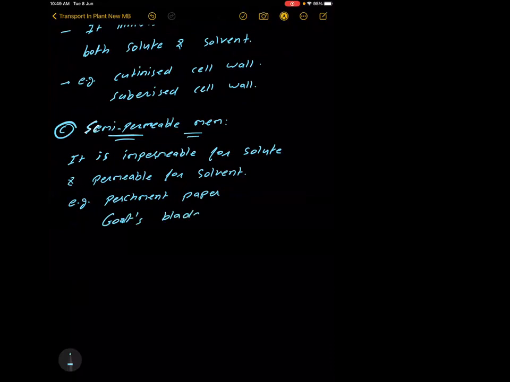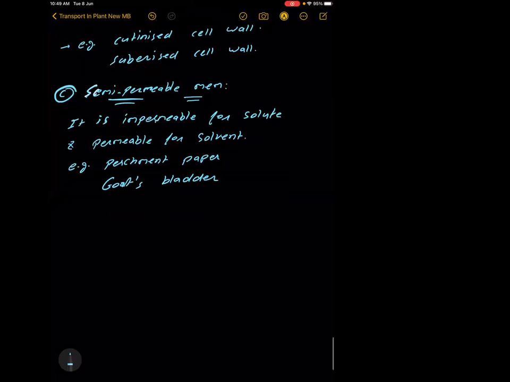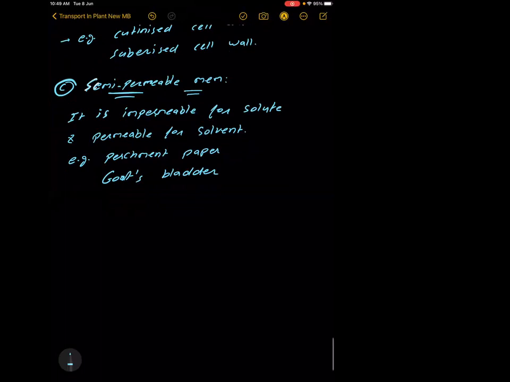Goat's bladder means the membrane of the urinary bladder. That bladder has a membrane which is also semi-permeable. So these are two semi-permeable membranes.